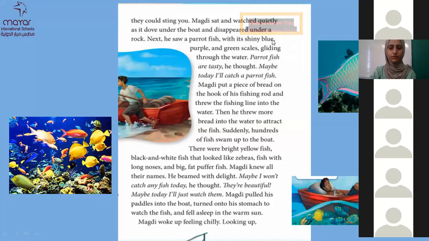Next, he saw a parrotfish with a shiny blue, purple, and green splash, with its shiny blue, purple, and green scales gliding through the water.